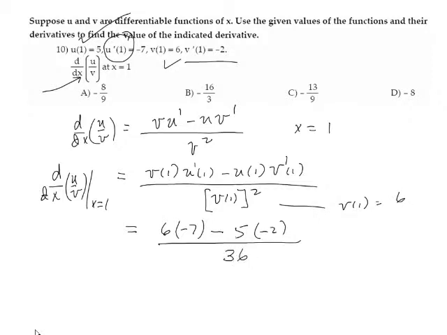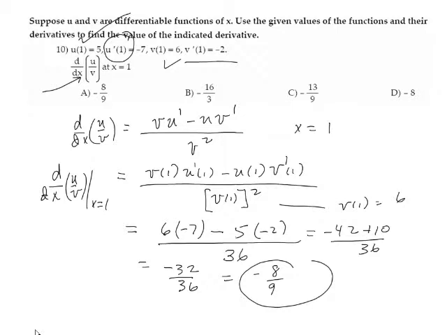So we get minus 42 plus 10 over 36, which is equal to minus 32 over 36, which is minus 8/9. And that is answer A.